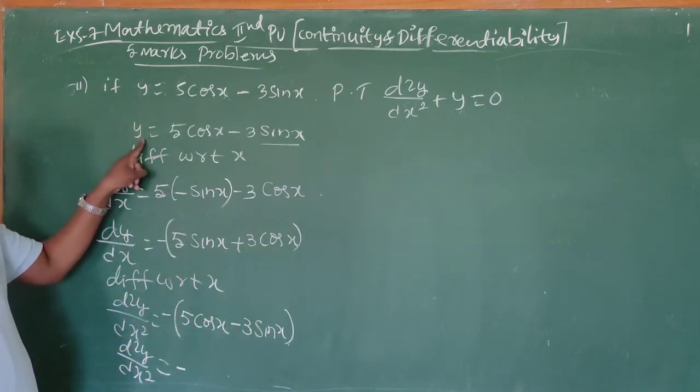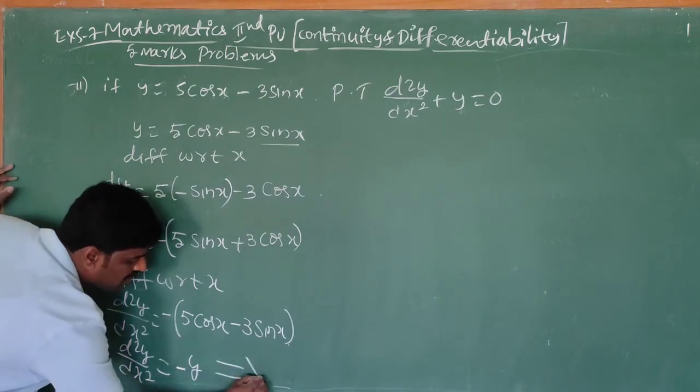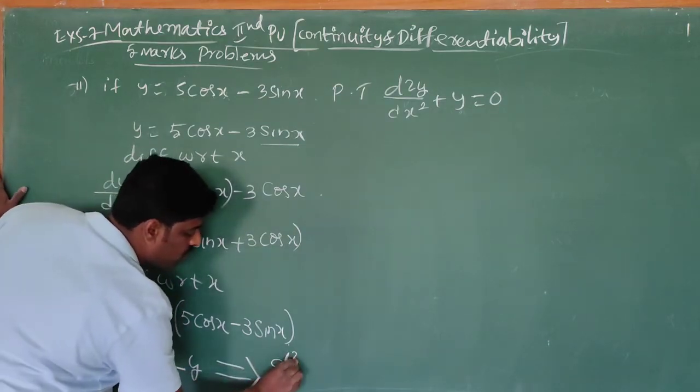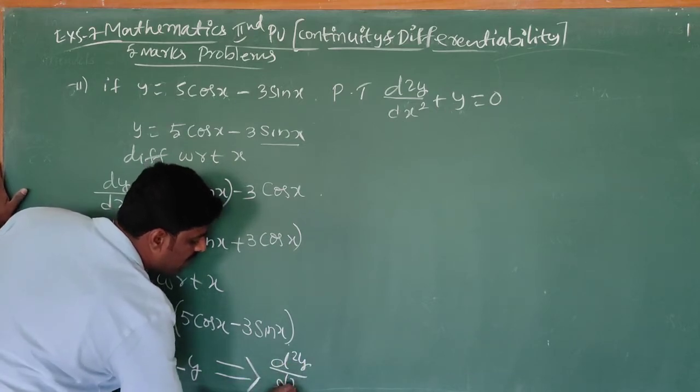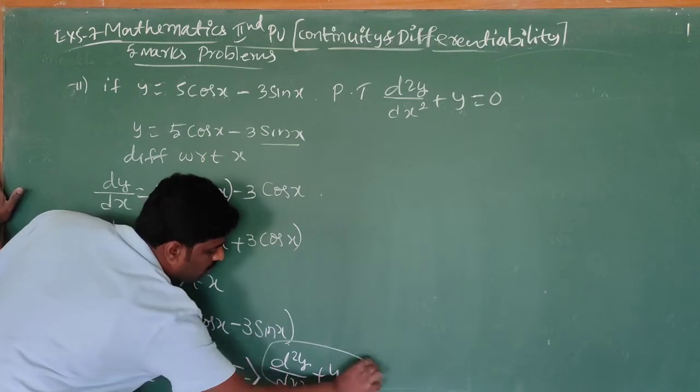The value is what? y. That is minus y. This can be written as d square y by dx square plus y is equal to 0.